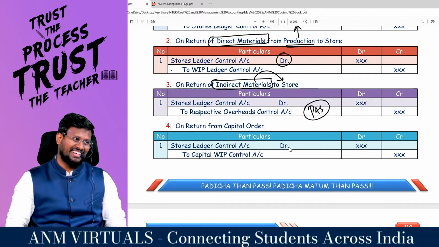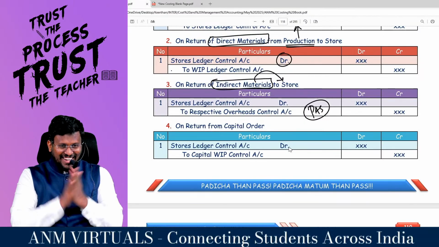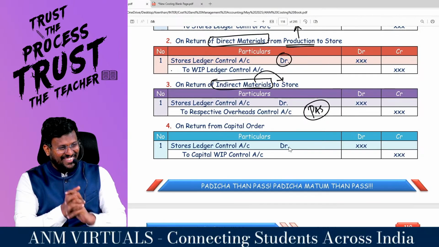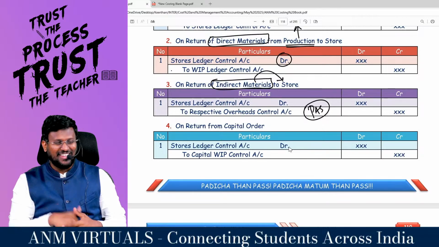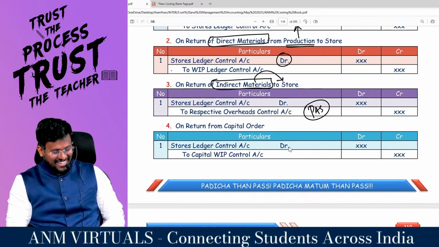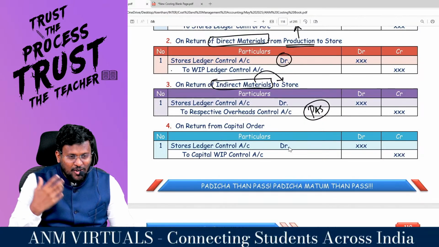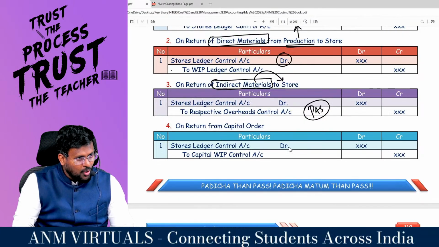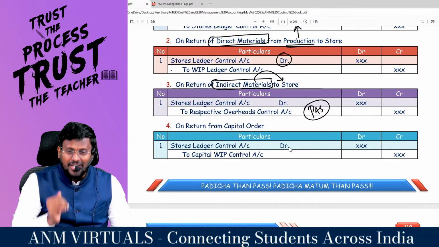Fantastic. Tell me, what is the entry you will pass? Stores ledger control account debit to production overhead control account, administration overhead control account.